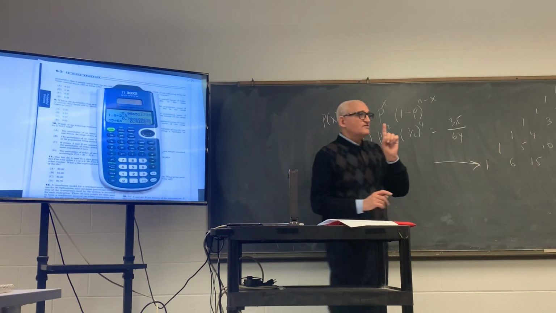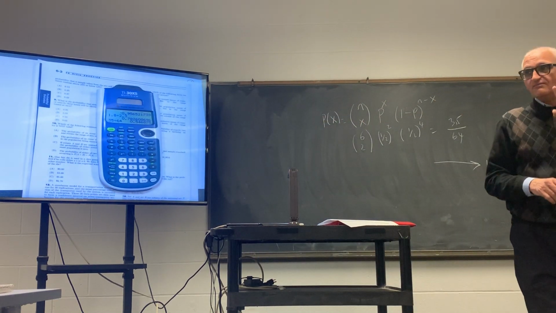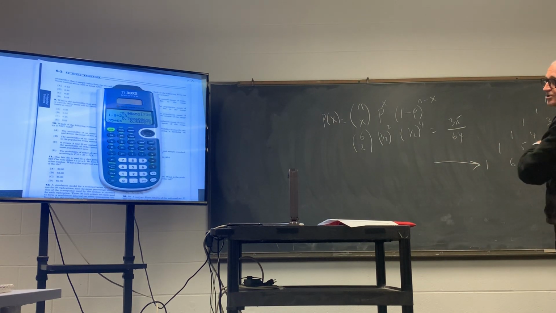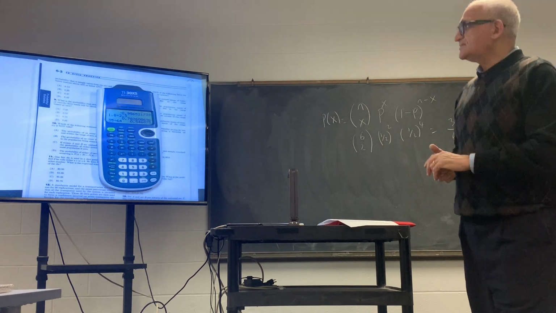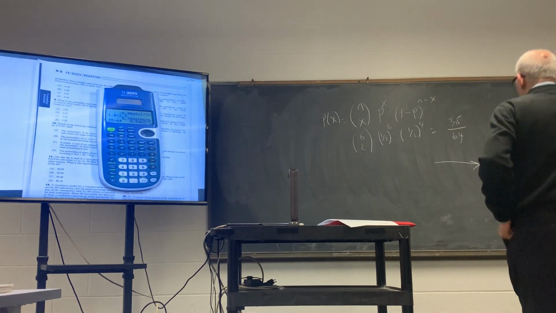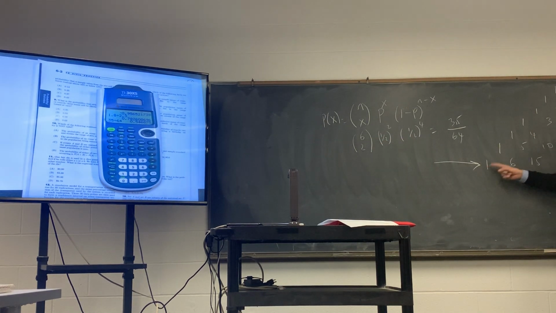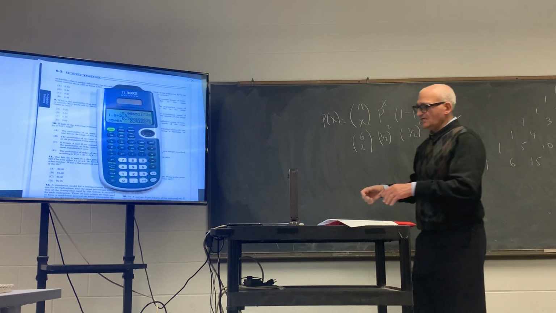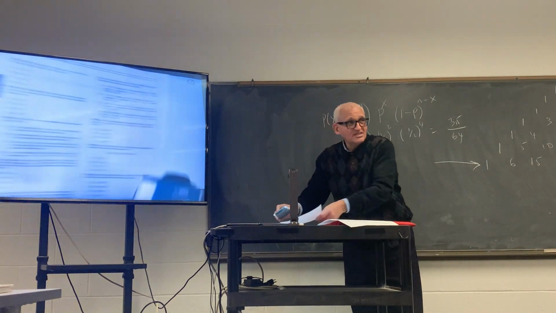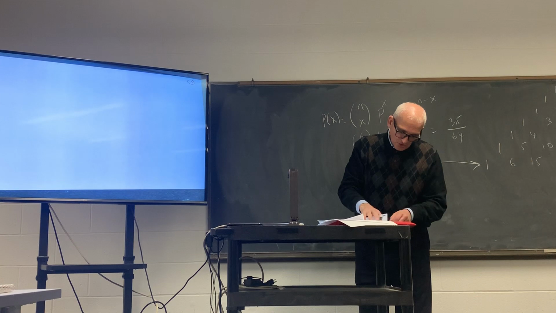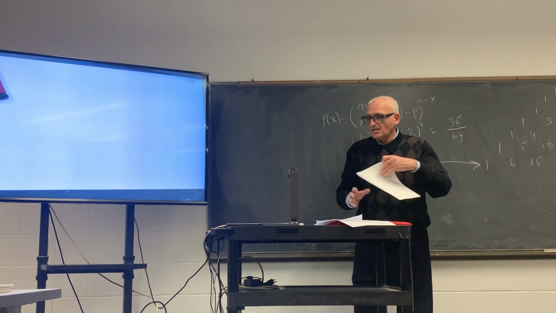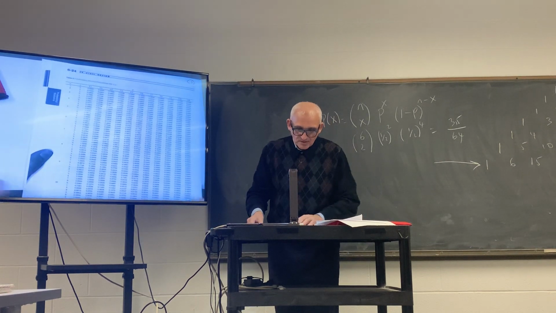Please be careful, this only works if the probability of success is 0.5. If it's something else, of course, that won't work. And this, by the way, also gives you the combinations, because that's 6 take 0, 6 take 1, 6 take 2, 6 take 3, and you can do it for any number. However, if the probability is not 0.5, or you just want to make sure you are getting it correctly, use this table.